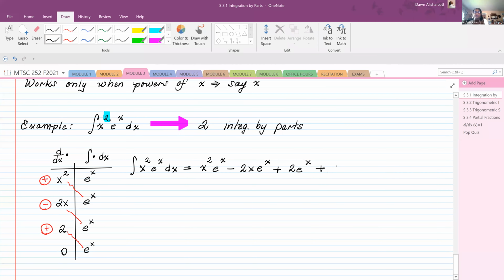Okay, write it out. The integral of e to the x sine x dx is uv minus the integral of v du. Write it out.